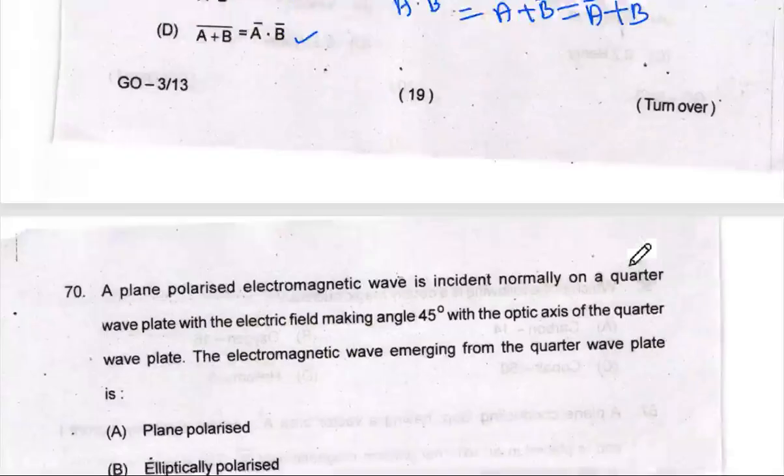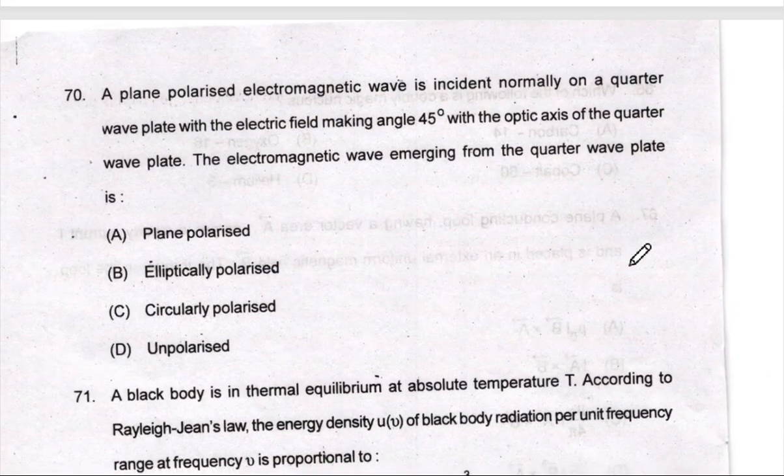So next question, question number 70, is saying a plane polarized electromagnetic wave is incident normally on a quarter wave plate. When it goes through a quarter wave plate, its phase difference is pi by 2, or 90 degrees. The electric field makes an angle of 45 degrees with the optic axis of the quarter wave plate. Then what is the electromagnetic wave emerging from the quarter wave plate?